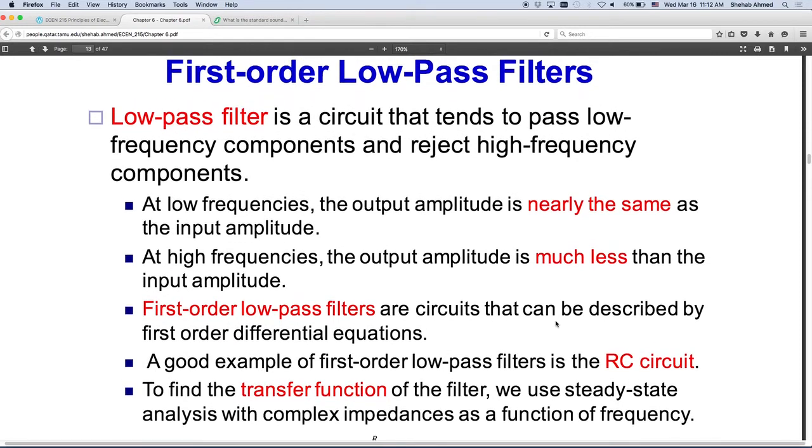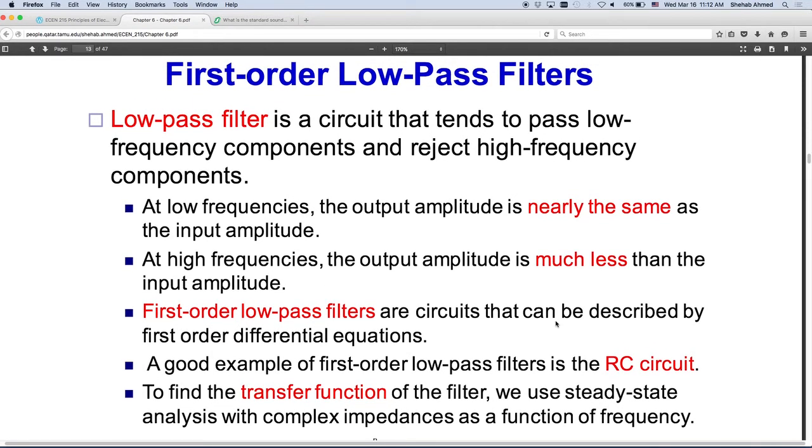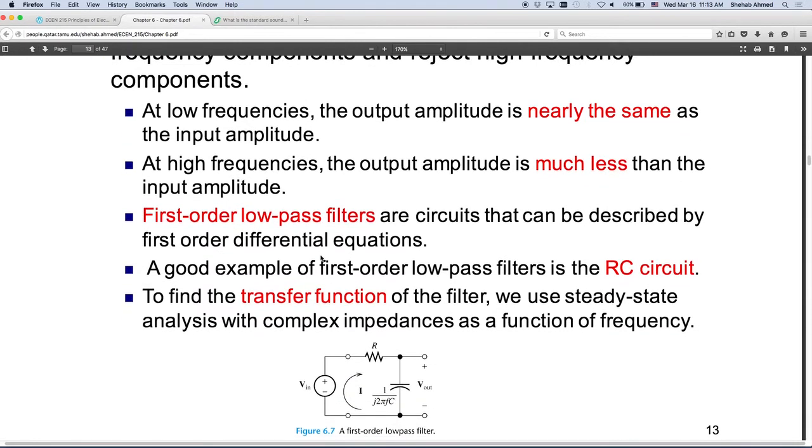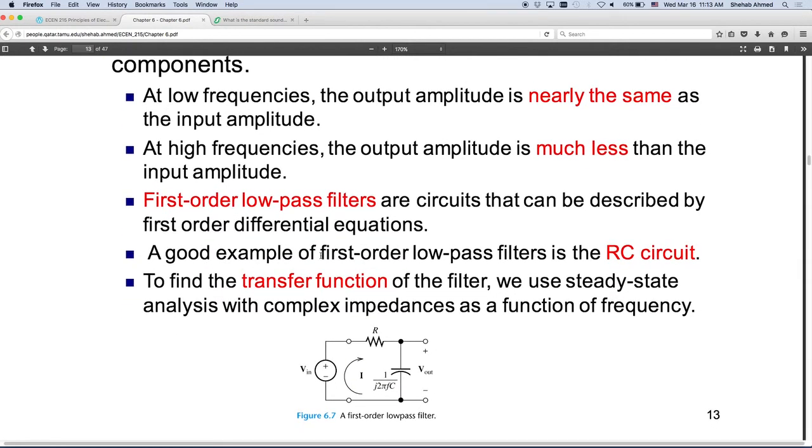When we talked about low-pass filters, what they do is allow low-frequency components to pass and attenuate high-frequency components. And we said last time that we're only going to study what are called first-order low-pass filters.